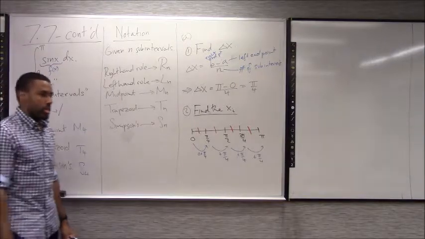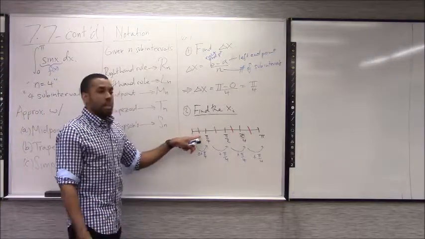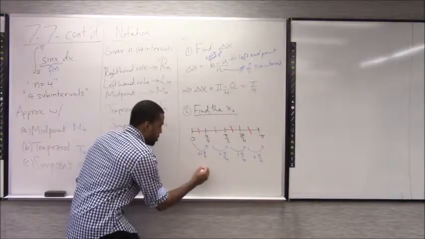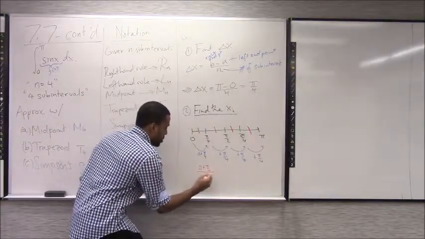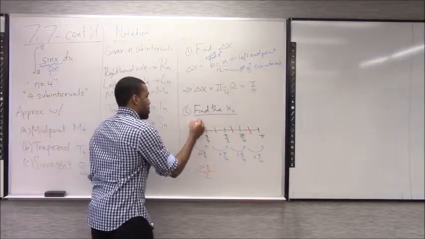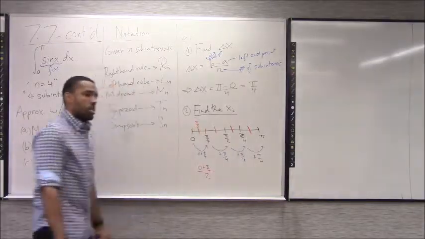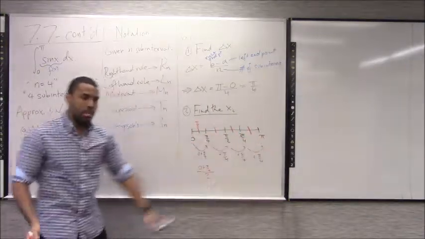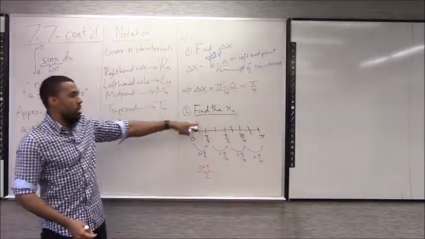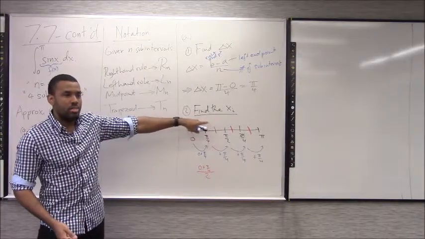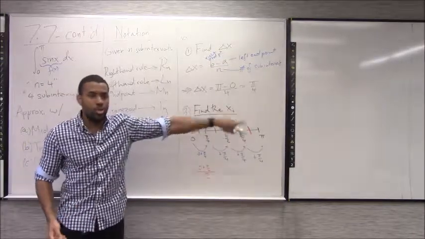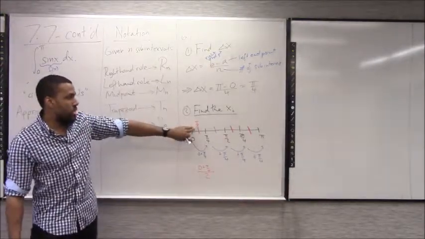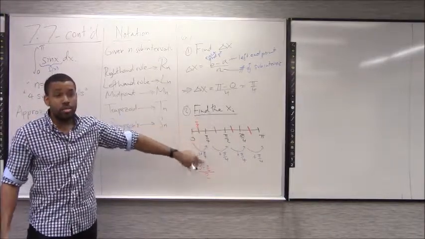There are a couple ways you can get to this quickly. You can find the first one by finding the average of the two numbers: 0 plus pi over 4, all over 2, gives pi over 8. You can continue averaging to get each midpoint, but just remember they will have the same spacing. So instead you can keep adding pi over 4 on the red ones. To make it nicer to add to pi over 8, think of pi over 4 as 2 pi over 8.